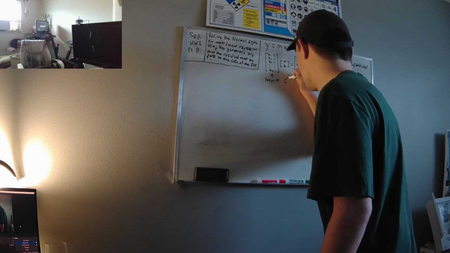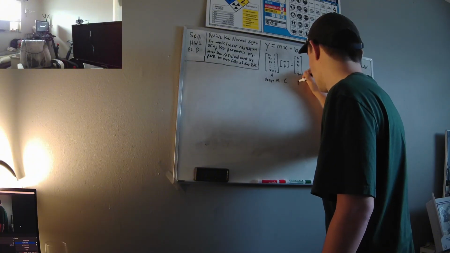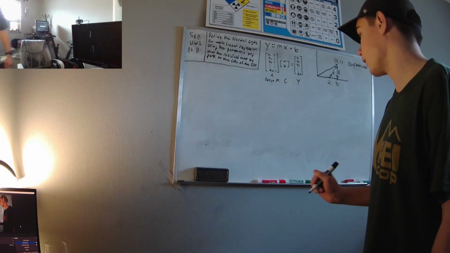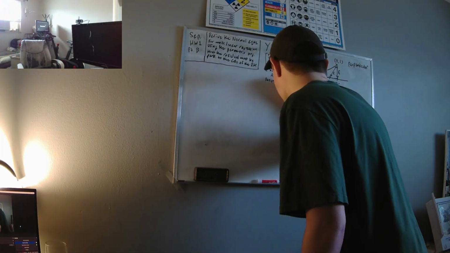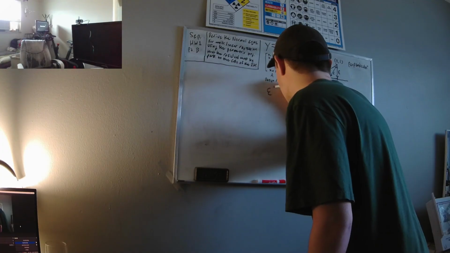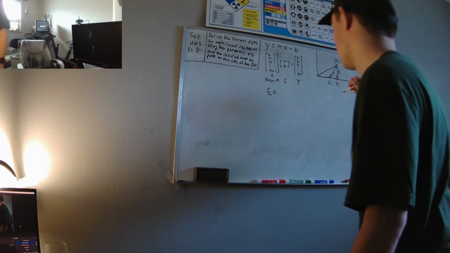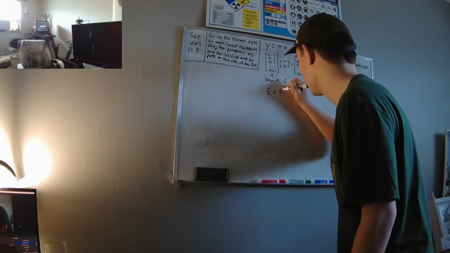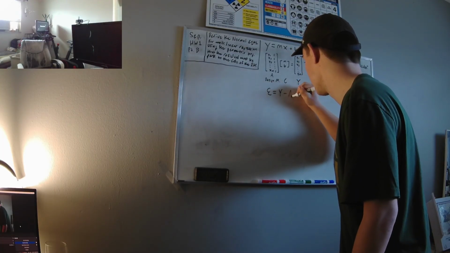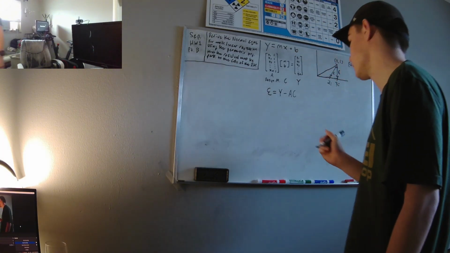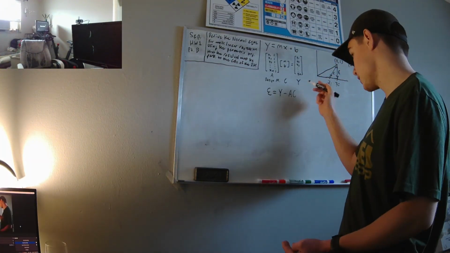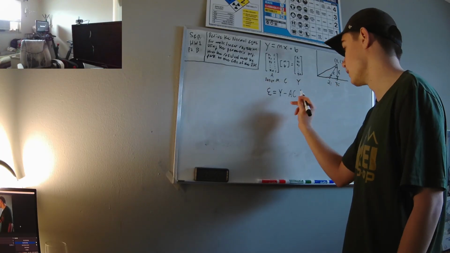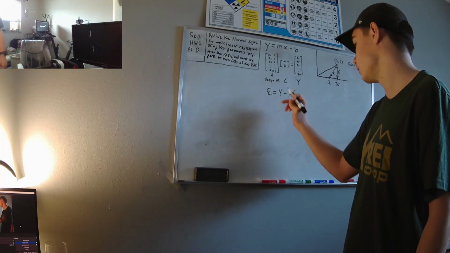This is C, our coefficients, and this is Y. Now to find our error, obviously we're going to say our error is going to equal y minus A times C. And that makes sense because y is our answer and A times C is our best estimate for the answer. So any difference between y and AC is going to be our error.